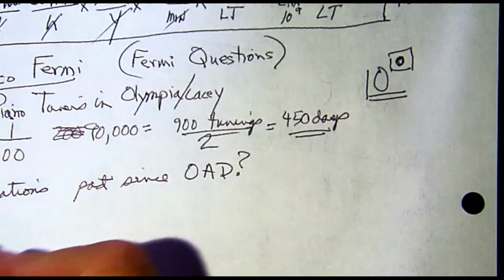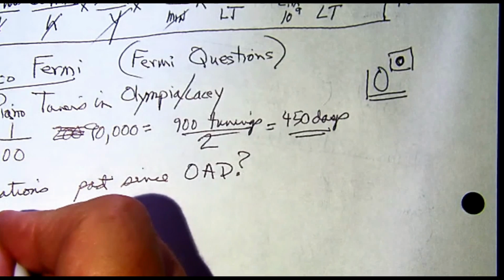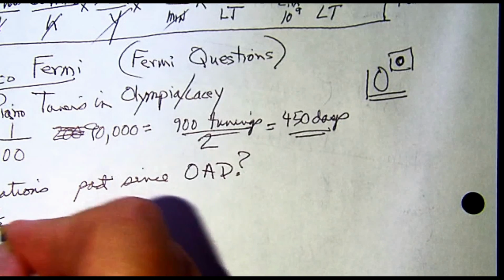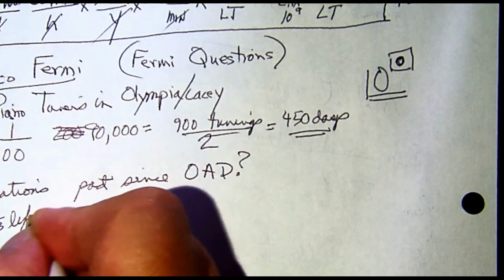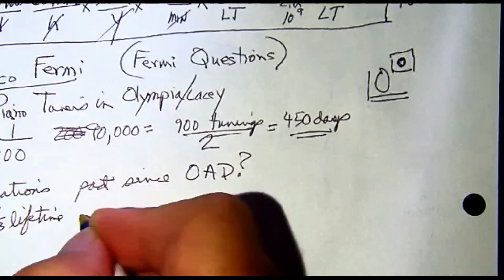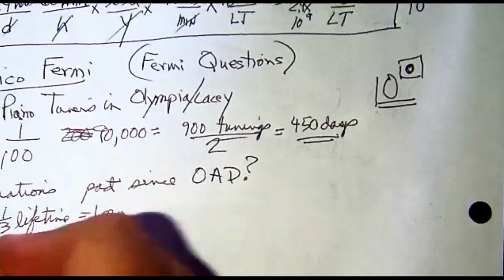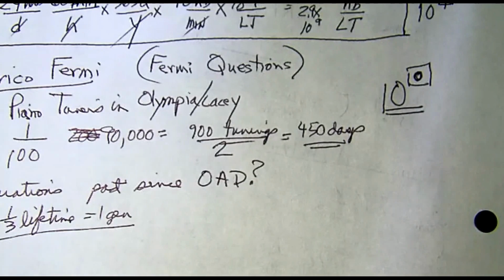Now, you need to know a little more. About 1/3 of a lifetime equals 1 generation. Most of you will have parents and grandparents alive right now, okay? So it's about 20 years per generation.